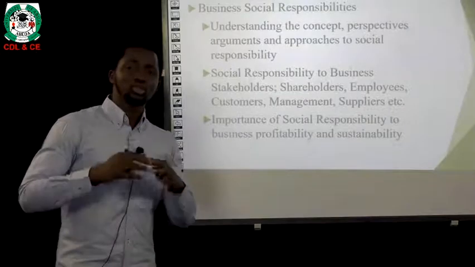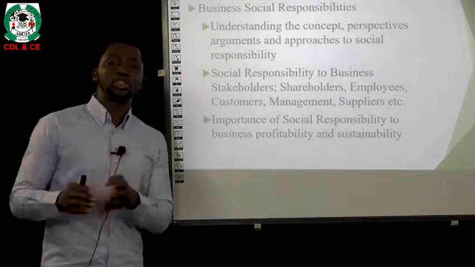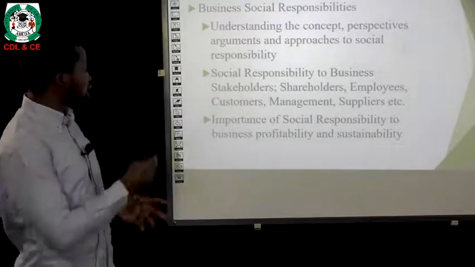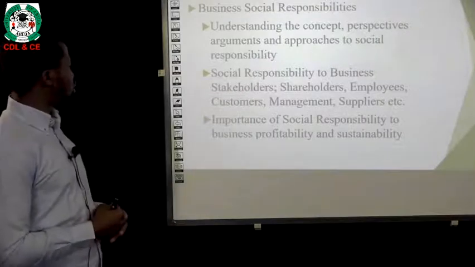This is to put in check what is expected in terms of responsibility for an organization to the various stakeholders. This is what we are going to be looking at in terms of the various responsibilities to the stakeholders.